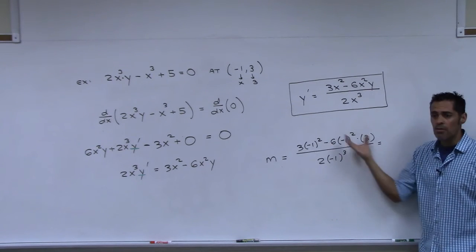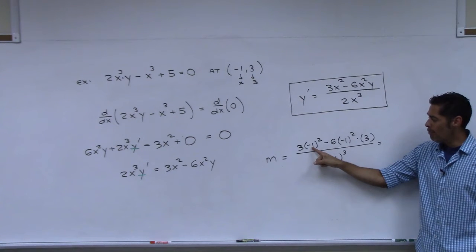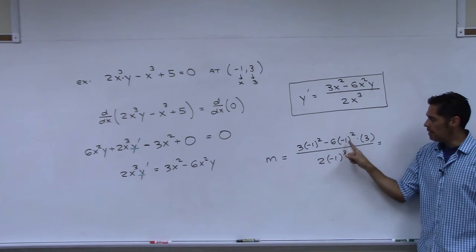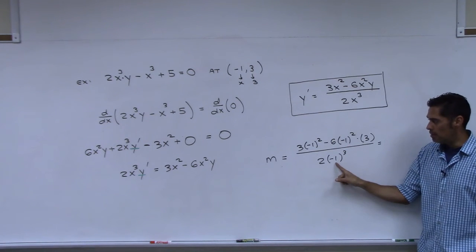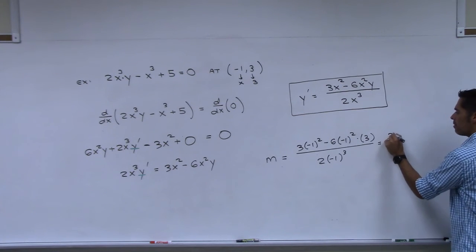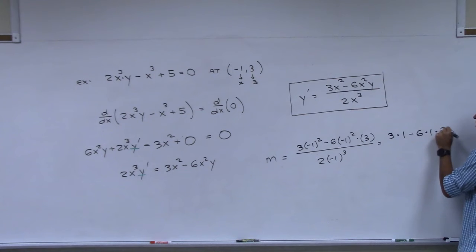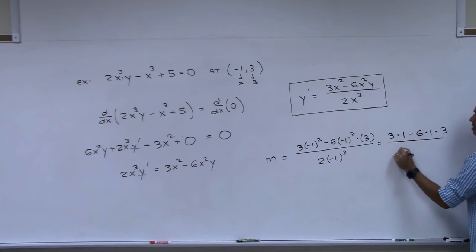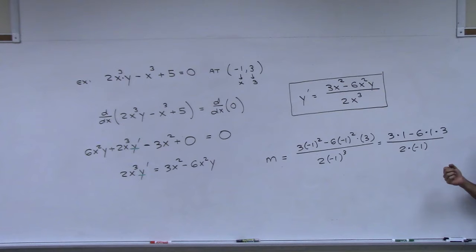So just make sure you do your order of operations correctly here. Let's do all the exponents first. So what's -1 squared? 1. -1 squared, 1. -1 cubed, -1. So we have 3 times 1 minus 6 times 1 times 3 over 2 times -1. I know that looks messy, but now do all the multiplications before you do any subtractions.